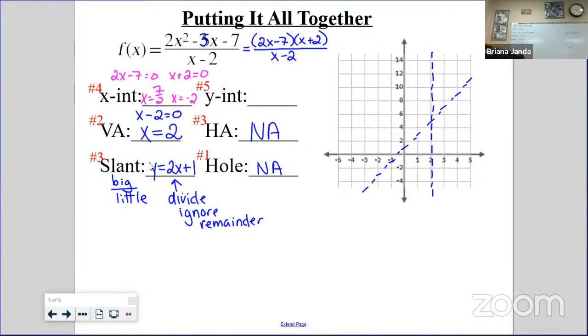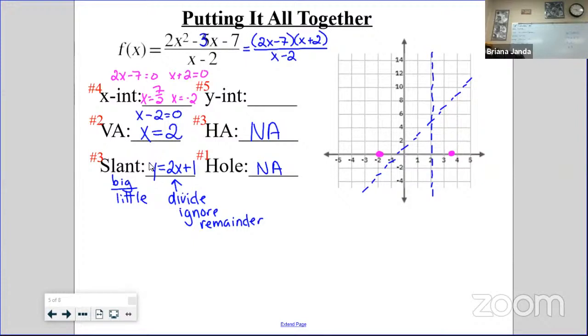Intercepts can just be plain numbers, just so you know. You can also make them ordered pairs. I make them x equals or y equals, which is fine. But 7/2 is 3.5. So I have it done at 3.5 on my x-axis, and I have it done at -2 on my x-axis. Remember, x-intercepts, we have multiples.